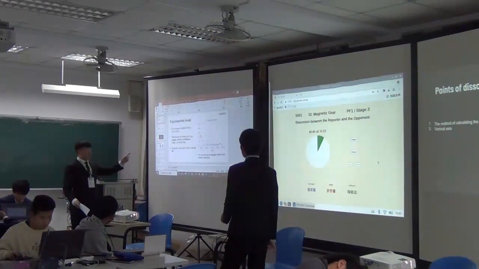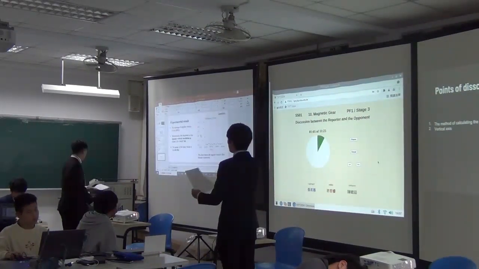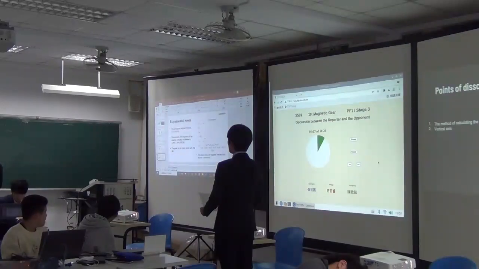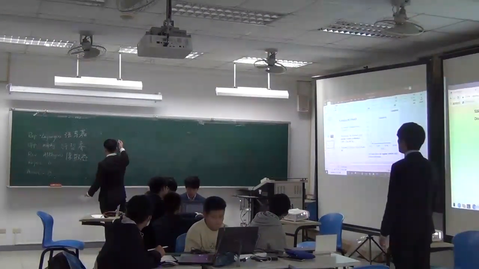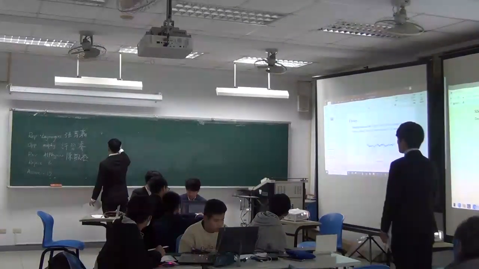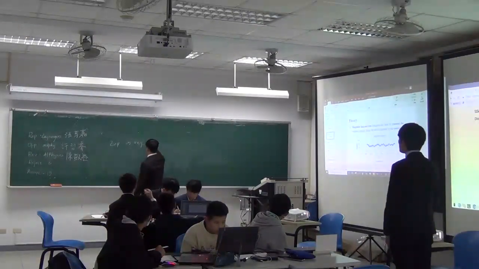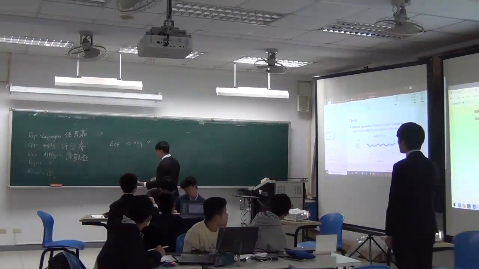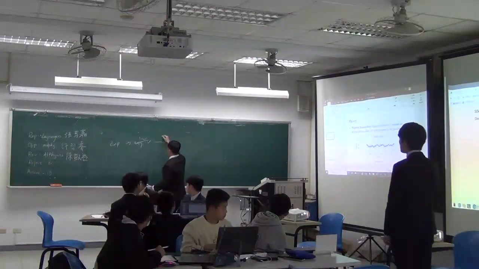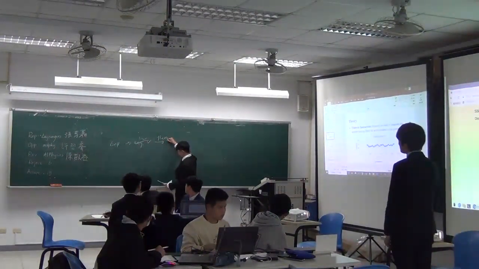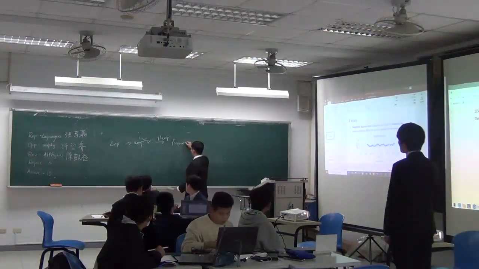I didn't show it here, but I have the chart. I simply drew it on the blackboard. So I have an experiment, and I can get my angular velocity, and then by my theory, I can get my frequency.